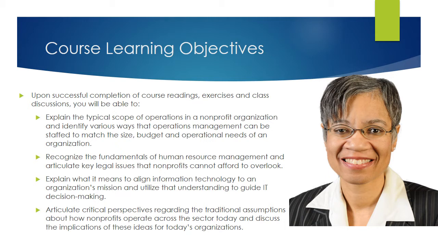You should be able to explain what it means to align information technology to an organization's mission and utilize that understanding to guide IT decision making. Finally, you should be able to articulate critical perspectives regarding the traditional assumptions about how nonprofits operate across the sector today and discuss the implications of these ideas for today's organizations.